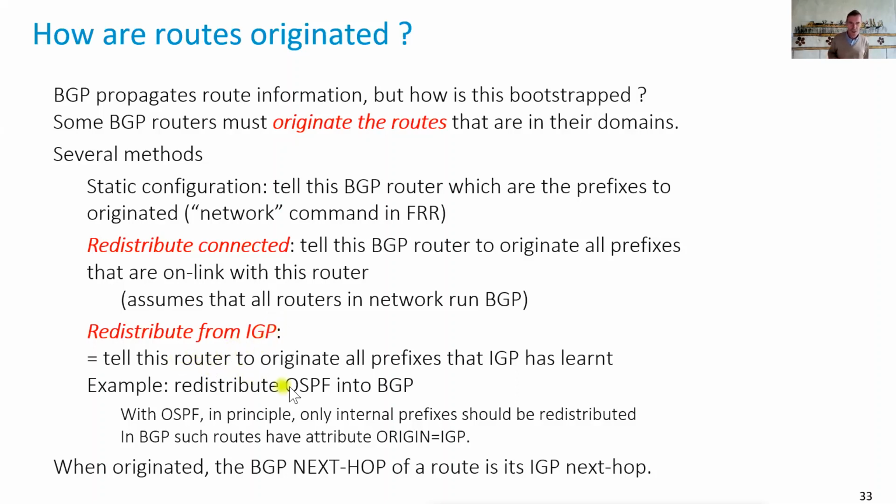So it says OSPF is used to distribute all the routes that I know of. OSPF can use external routes, or routes learned from BGP. We will talk about that in a minute. Of course, we should not consider those routes. So the idea is, with OSPF, we learn all the internal prefixes, and then the simplest is to redistribute all of them, if we care about redistributing all internal prefixes.